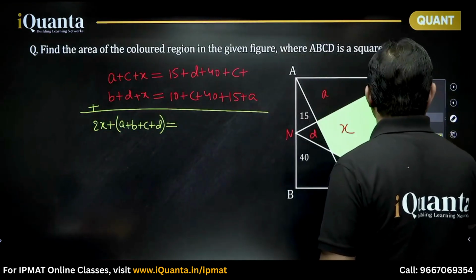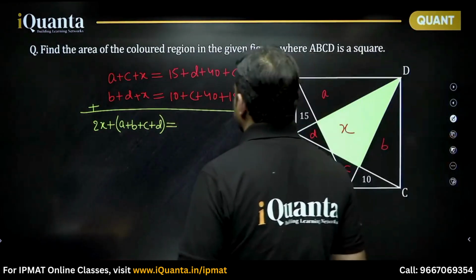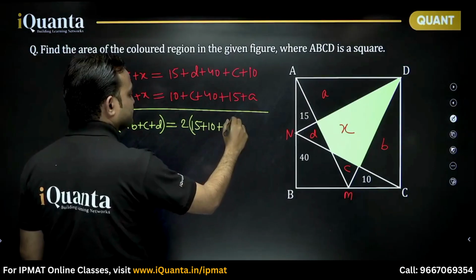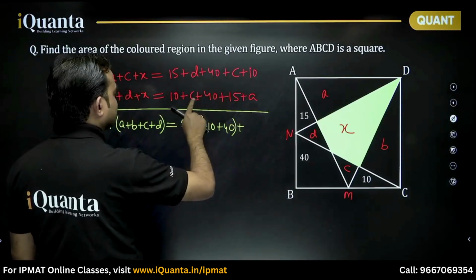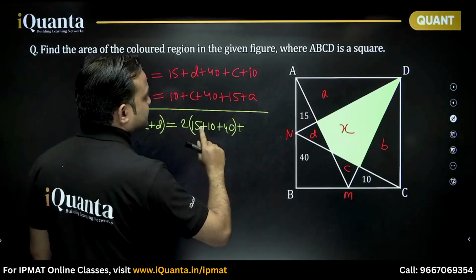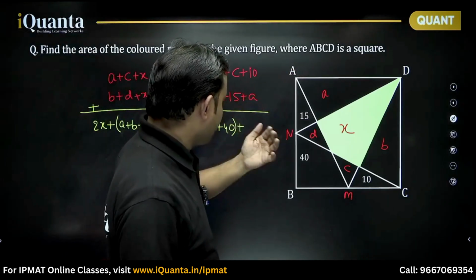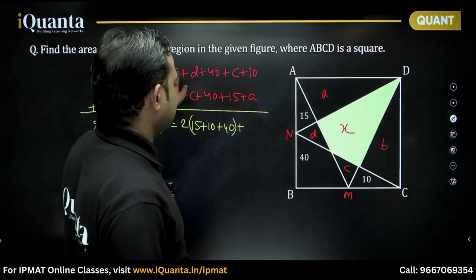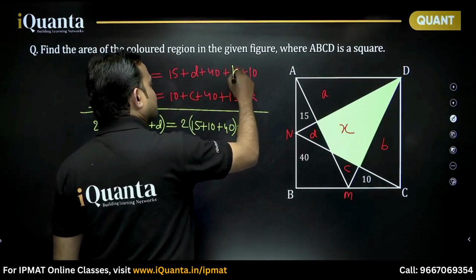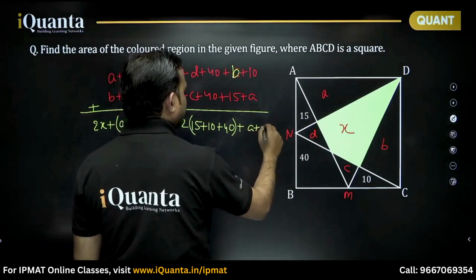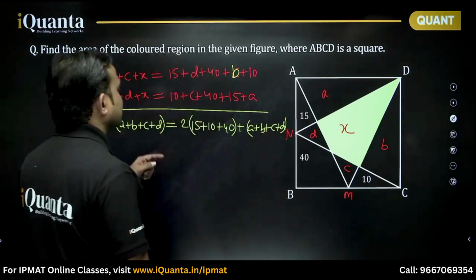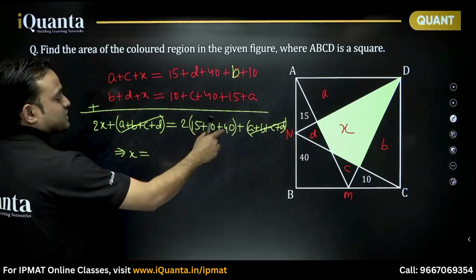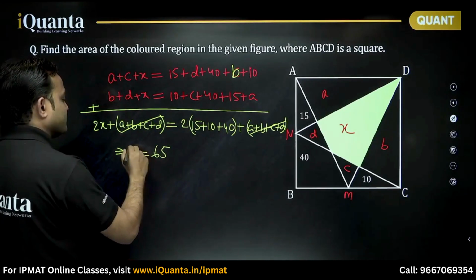So this sum will be twice of 15 plus 10 plus 40 plus A plus B plus C plus D. In the first case, it should have been B instead of C. So we get A plus B plus C plus D. Now this will be cancelled out, as you can see, and we get X equal to 15 plus 10 plus 40. So 50 plus 15, which is 65 unit square.